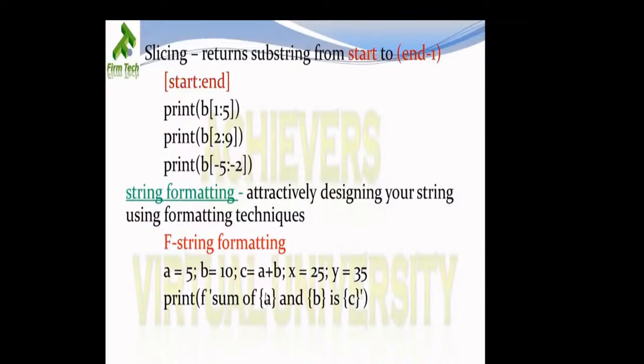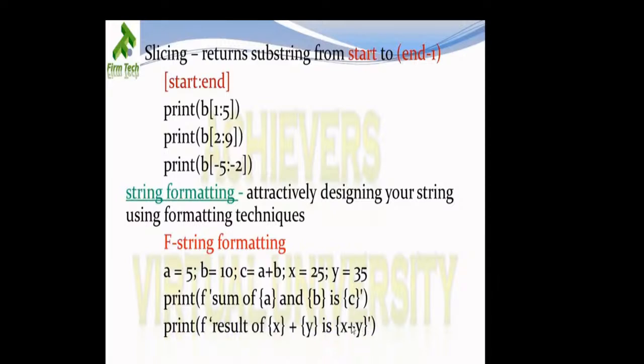So sum of the variable A and variable B is variable C. The result of this statement will be: sum of the object assigned to variable A and the object assigned to variable B is equal to the object assigned to variable C. That is, the sum of 5 and 10 is 15 will be the answer.